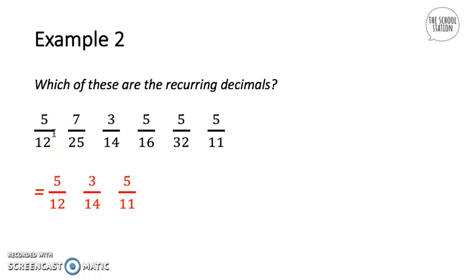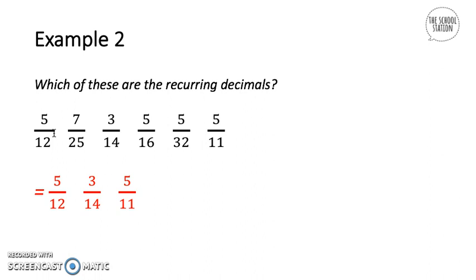For 7/25, we realize that 25 is a power of 5. So that would be a terminating decimal, which means it is not a recurring decimal, because 5 squared is 25.